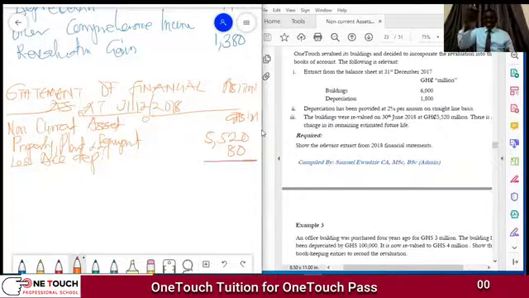So the initial depreciation from January to June has already been factored in before arriving at this 5,520,000. So to get the carrying amount of the asset after the revaluation, it is the depreciation charge after the revaluation, which is 80. So 5,520 minus 80 gives us 5,440,000. Because this value is the value at 30th June, and after 30th June we charge another half-year depreciation. So it's the half-year depreciation that we need to deduct from this cost.